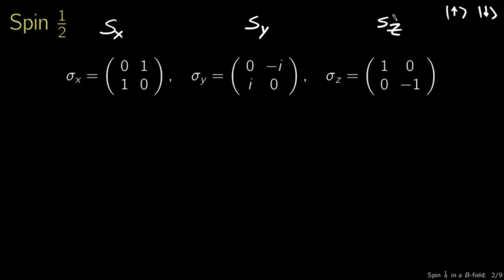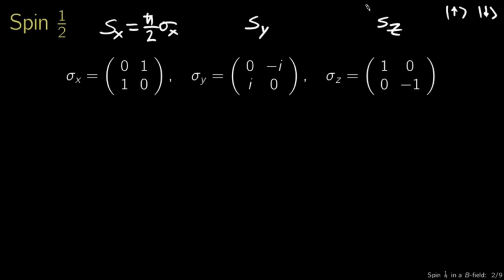These sx, sy, and sz operators can be expressed as 2x2 matrices. These 2x2 matrices are usually written as the sigma x, sigma y, and sigma z Pauli matrices, which are essentially what you get if you remove an h bar over 2 from the matrix representation of the spin angular momentum operators. So we have these matrices.